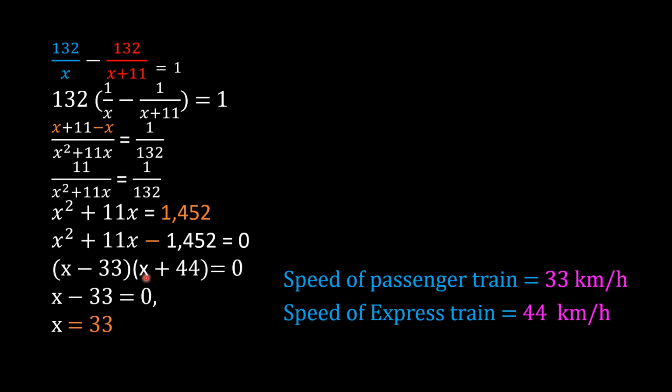Here we will not consider the factor x plus 44 because it gives us x equals minus 44, and we will not consider negative speed of train.